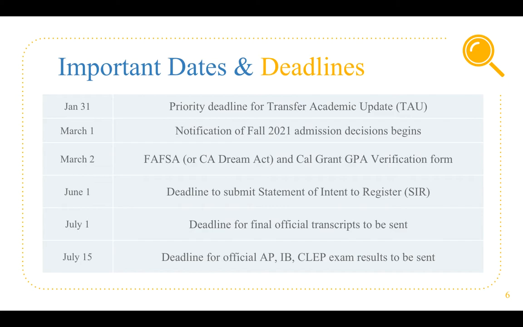At that point, you'll send final official transcripts with all of your grades and everything posted. And then July 15th will be the deadline for any official AP, IB, CLEP exam results to be sent. So if you have AP scores, you'll be sending those directly from the College Board to the school that you're going to be attending.